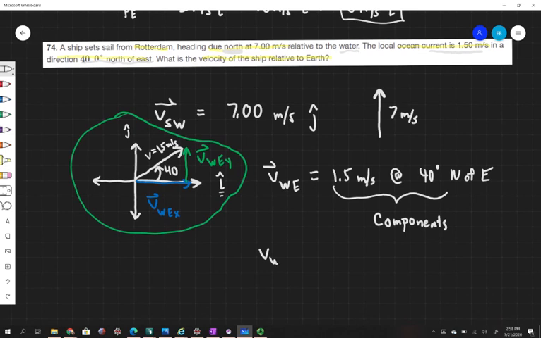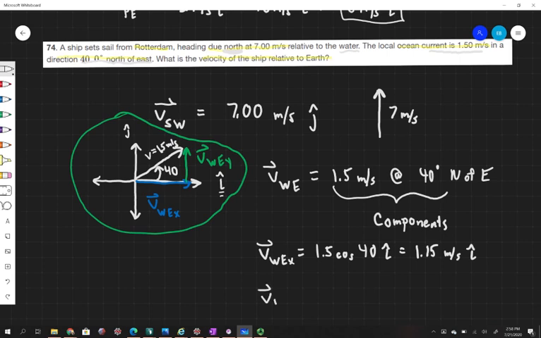So to get v of water relative to the Earth in the x direction, that is the adjacent side of that triangle. So that's going to be 1.5 times the cosine of 40 degrees in the i-hat direction. We multiply this out and we see that that's 1.15 meters per second in the i-hat direction.